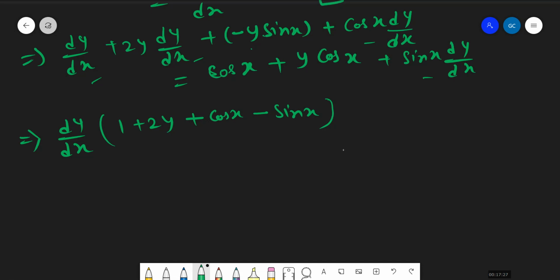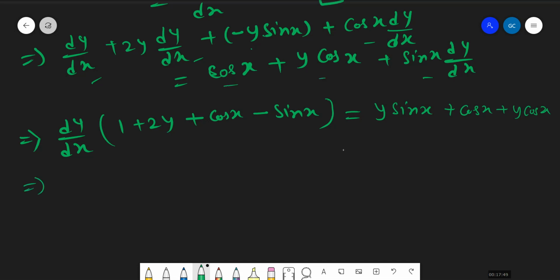Now the remaining part is this one, this is negative, right? y sine x, so if it goes to the right side, it will become positive, so y sine of x, and cos is already there, so cos of x plus y cos of x, these two terms, right guys?